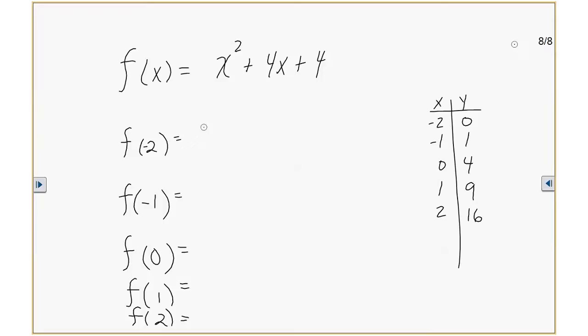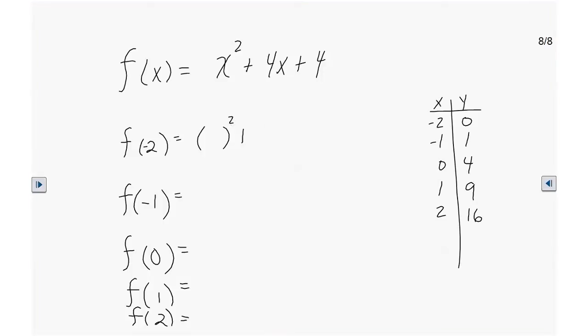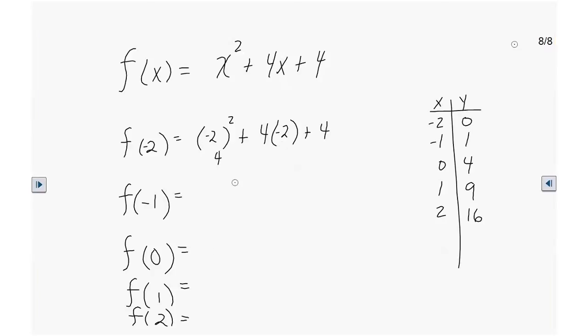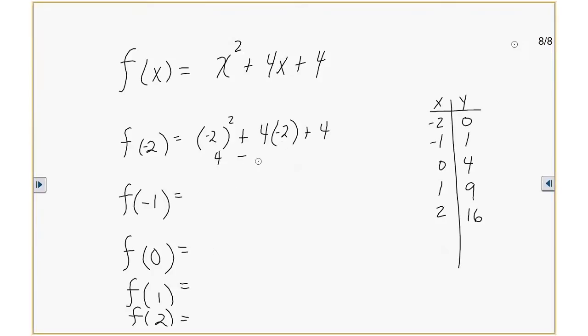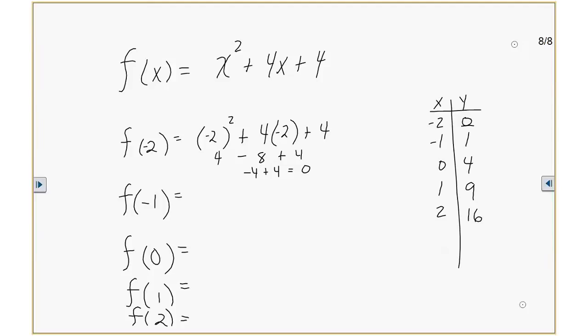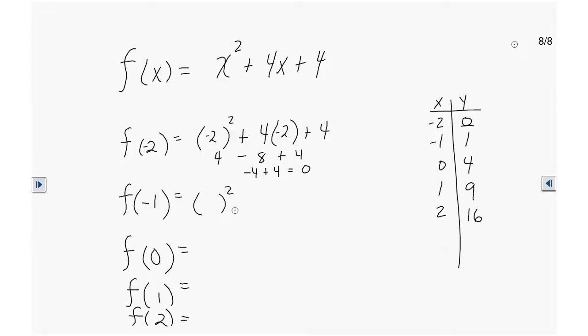Here, that's a big set of parentheses. And I plug in a negative 2. Negative 2. That'll give me a 4 minus 8 plus 4. 4 minus 8 is negative 4 plus 4 is 0. Parentheses squared plus 4 times parentheses plus 4.